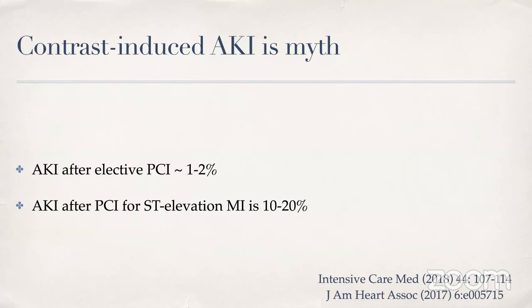One example they brought up was two different studies. The risk of AKI after PCI was only 1 to 2%. But in a separate study, separate publication, the incidence of AKI after PCI for ST segment elevation MI was much higher, tenfold higher, 10 to 20%. The argument here was, if it's the contrast that's the troublemaker, the rates of acute kidney injury should be similar between the two groups.